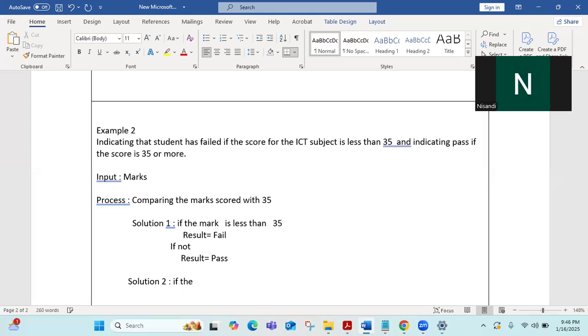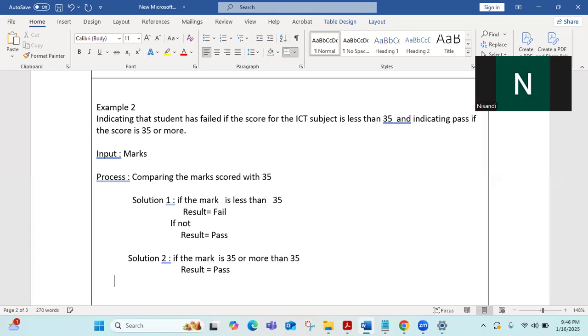If the mark is greater than or equal to 35, 35 or more than 35, then we can say result is pass.